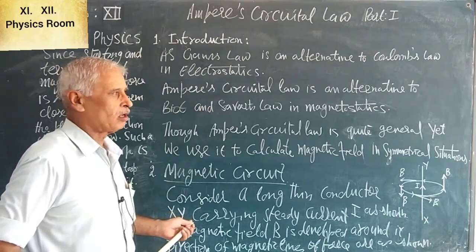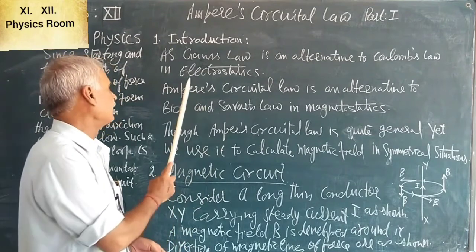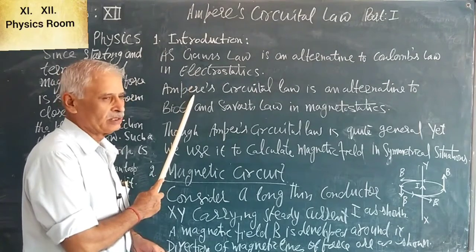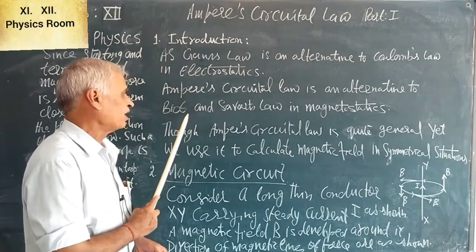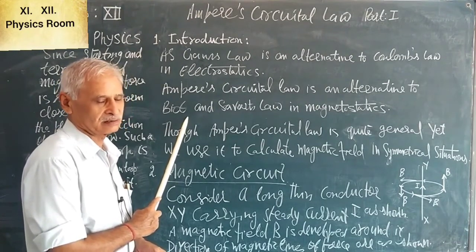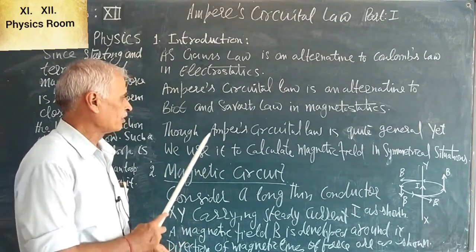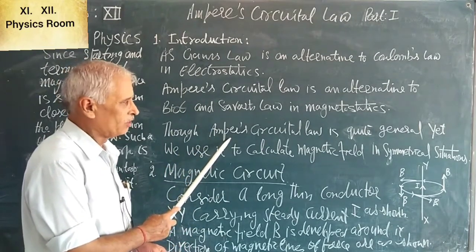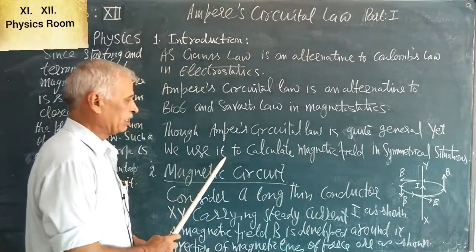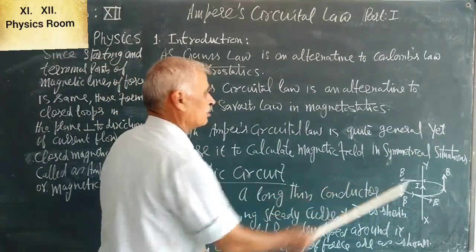As Gauss' law is an alternative to Coulomb's law in electrostatics, in the same way Ampere's circuital law is an alternative to Biot and Savart's law in magnetostatics. Though Ampere's circuital law is quite general, yet we use it to calculate magnetic field in symmetrical situations.